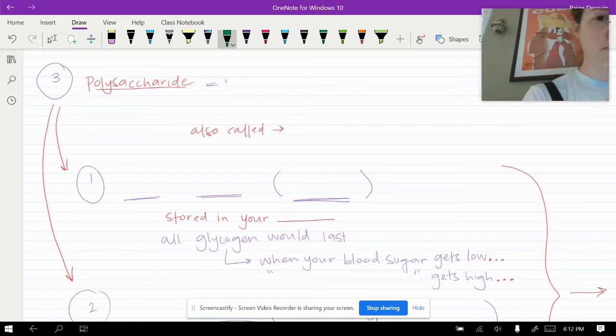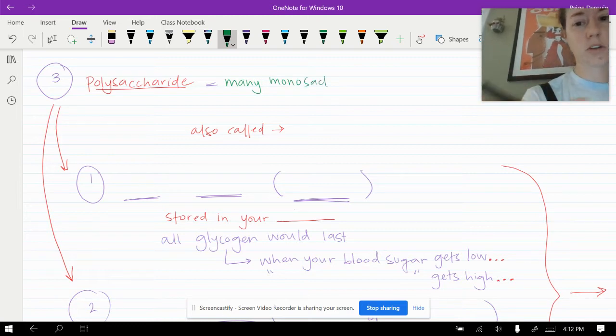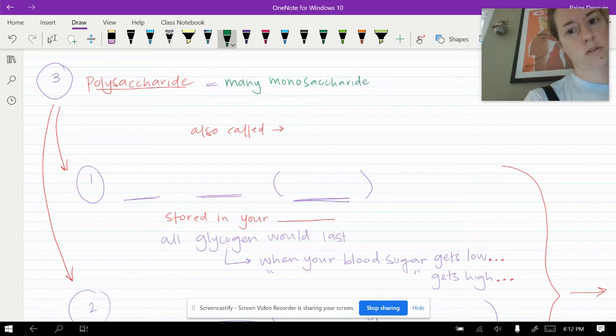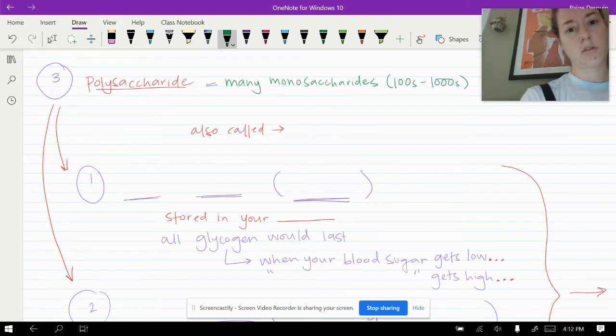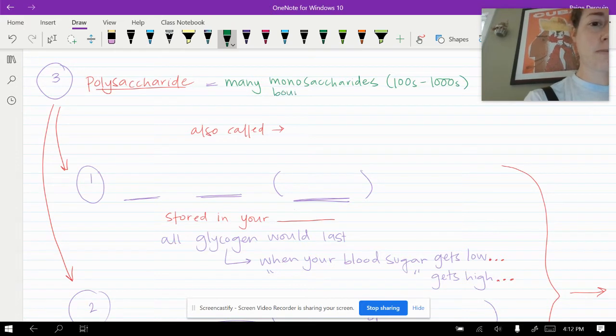Polysaccharides are many monosaccharides, which remember poly is many. So I'm talking about like hundreds to thousands bound together covalently.